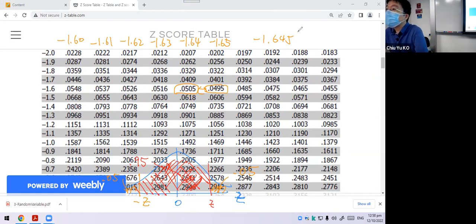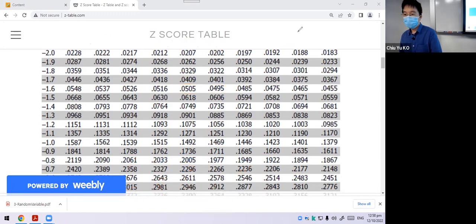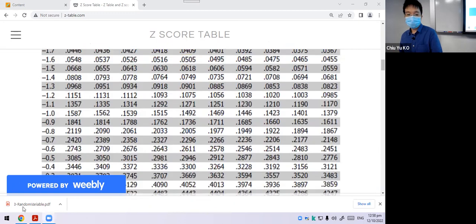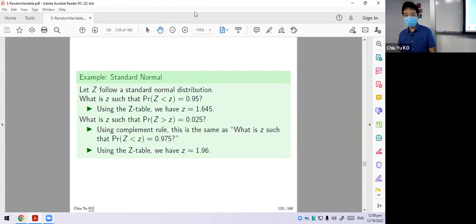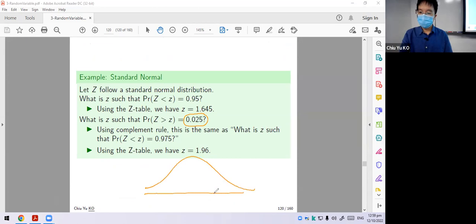Is that okay? I guess it'll be the same. If you want to find the value bigger than 0.025, I'll do it quickly.